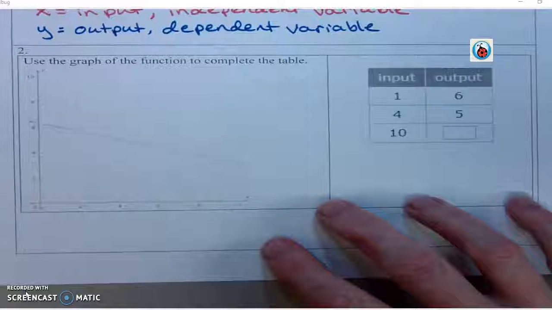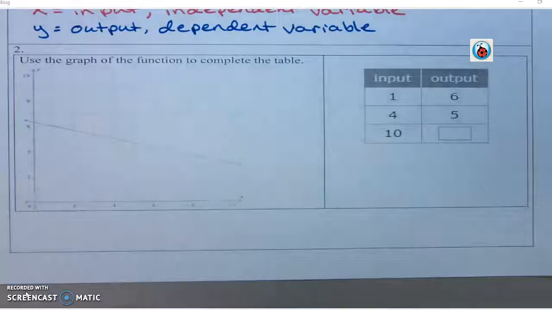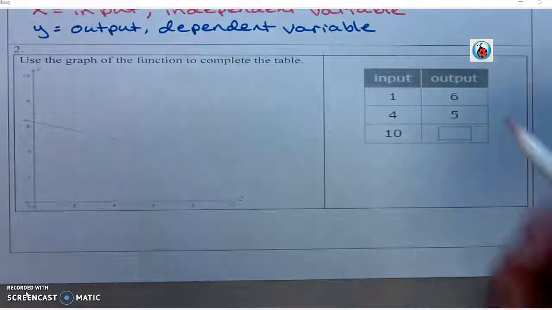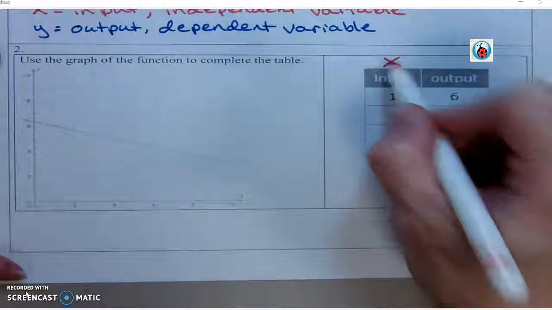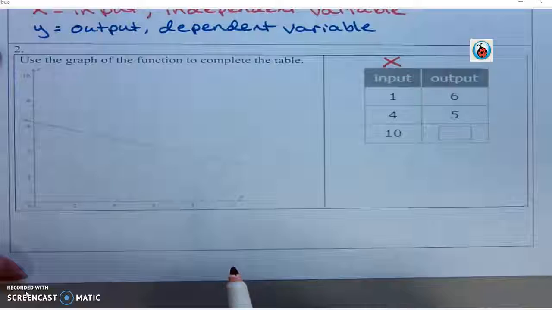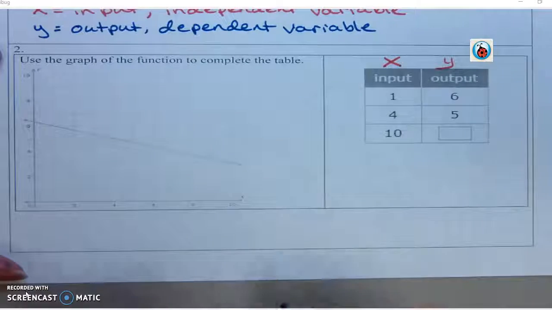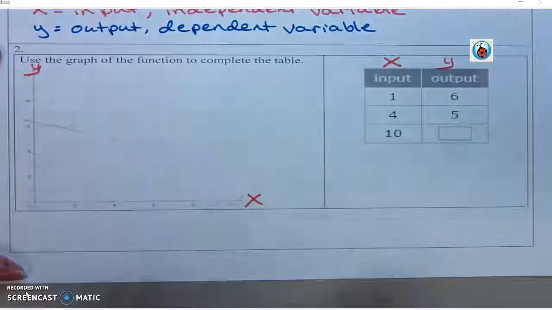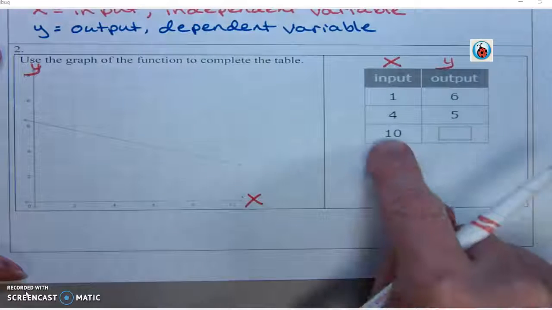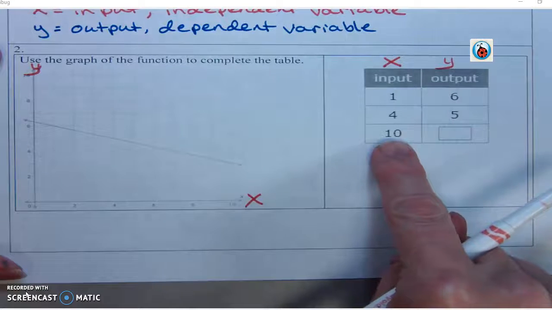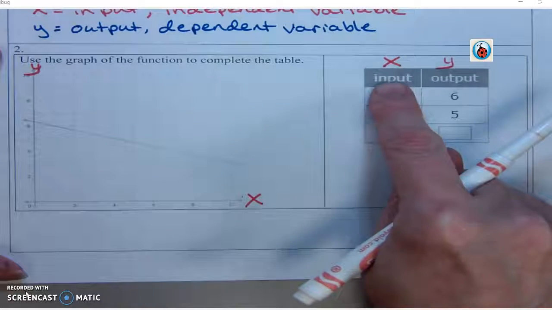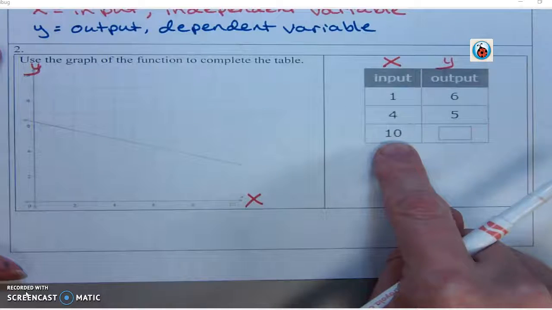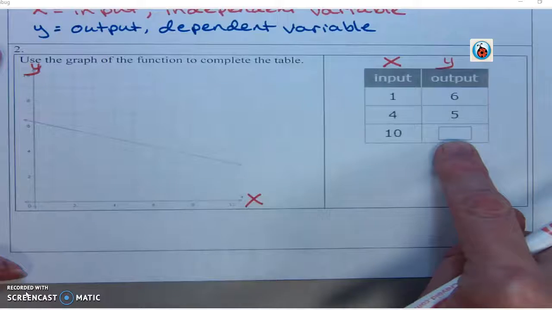So we won't necessarily look at all of the values on the table. We don't really need to. We remember the input is the X, the output is the Y. We have our X-axis and our Y-axis. We are asked to determine if the X or input value is 10, what is its corresponding output, Y value?